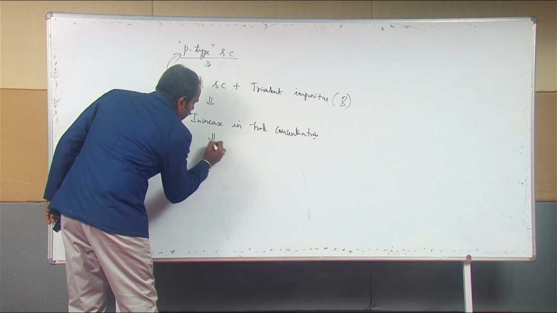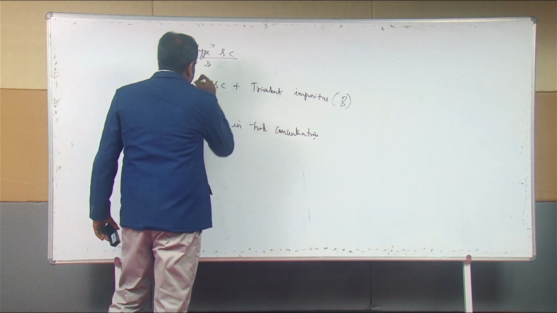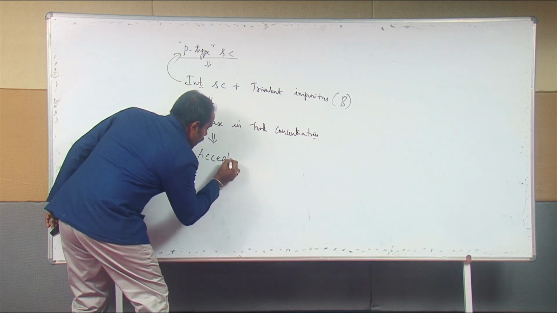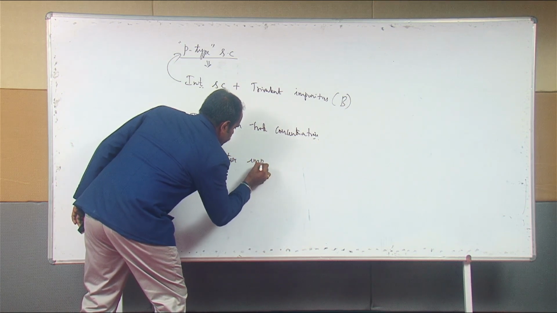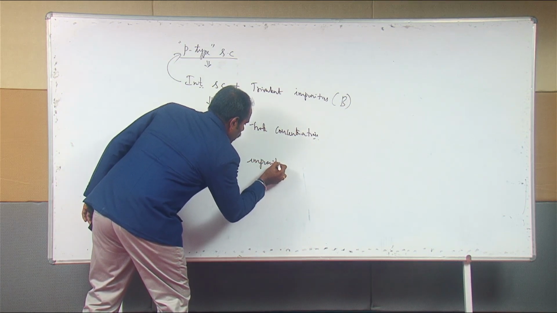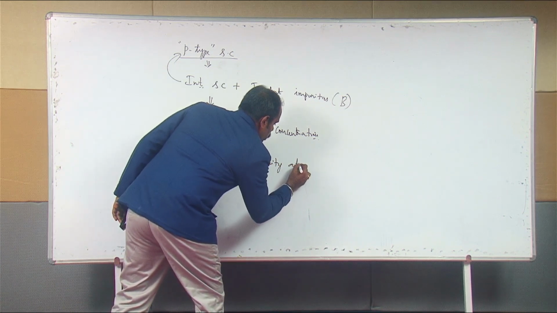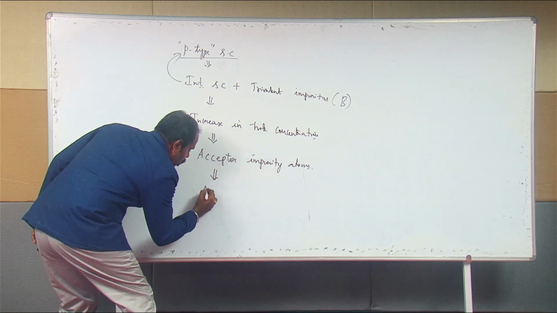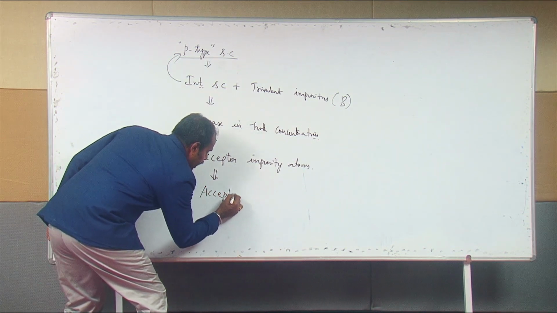And those trivalent impurity atoms which we add into the intrinsic semiconductor, in this case, are referred to as acceptor impurity atoms. And the new energy level which gets introduced is called the acceptor energy level.